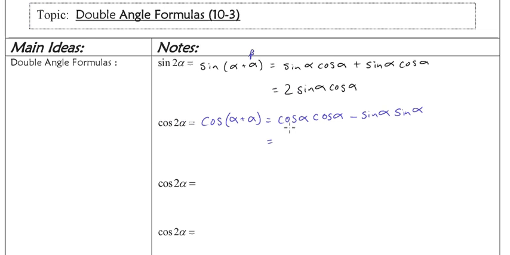And so cleaning this one up, this is going to give us cosine squared of alpha minus sine squared of alpha, and there we go.